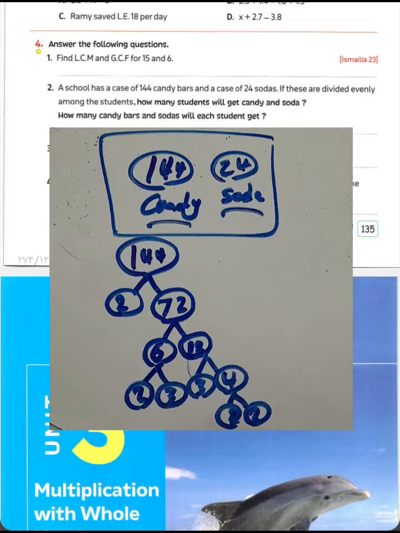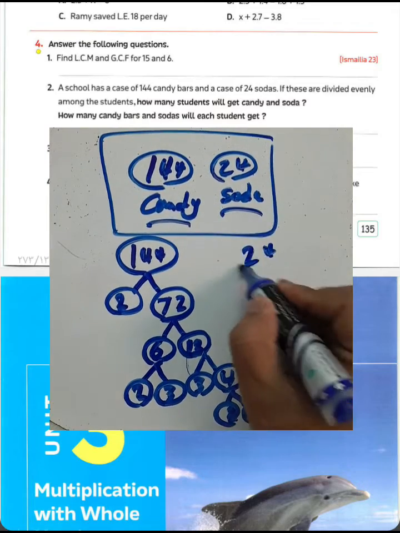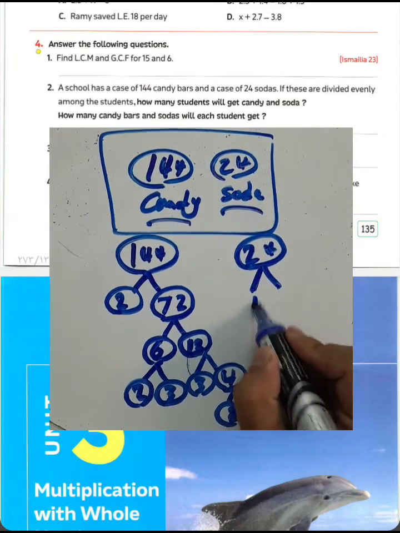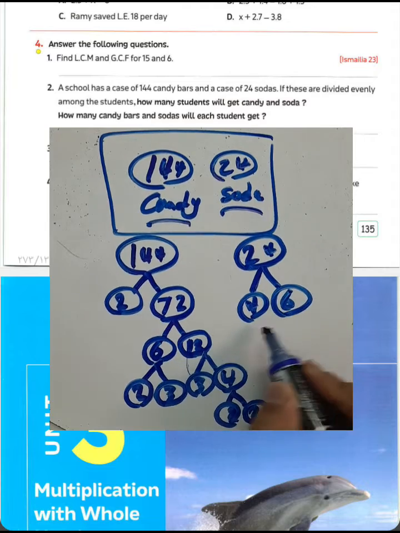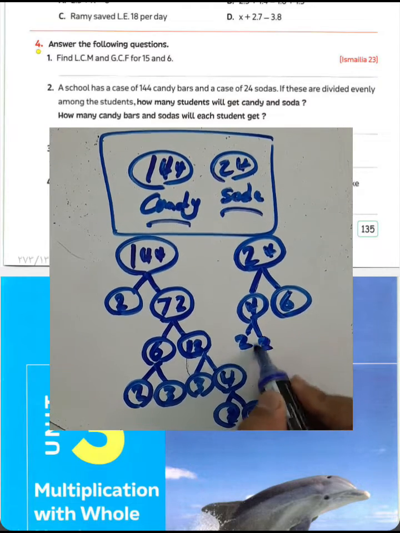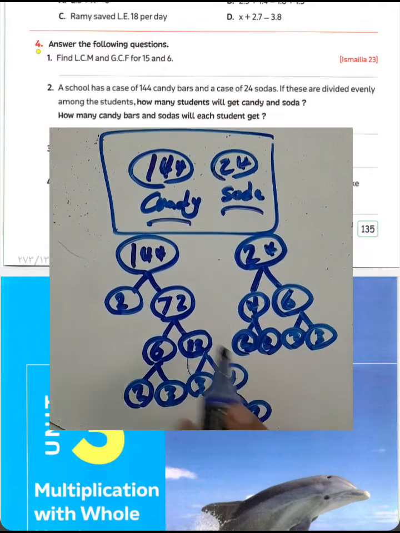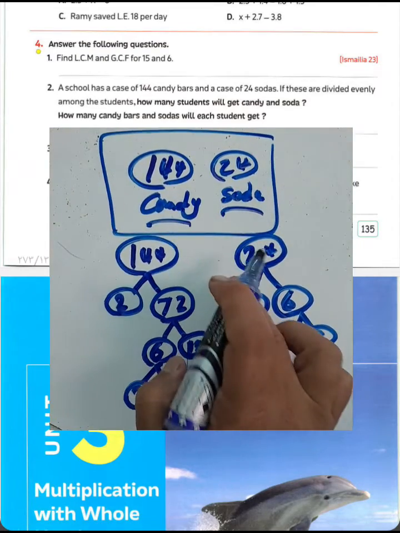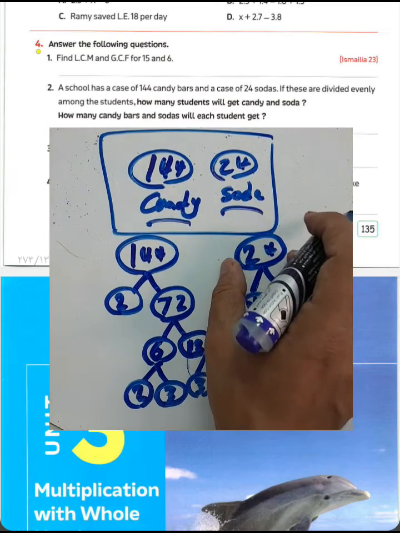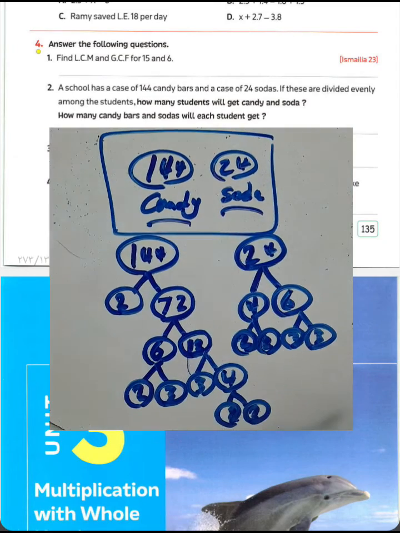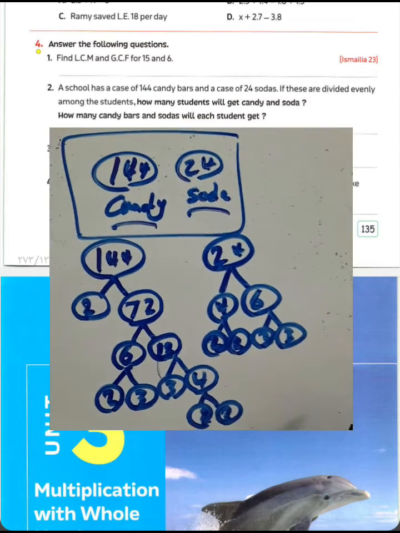Okay, and what about 24? 24 equals 4 times 6, and 4 equals 2 times 2, and 6 equals 3 times 2. You must know 144 can be divided by 24. So the greatest common factor between the two numbers equals 24. Understood?